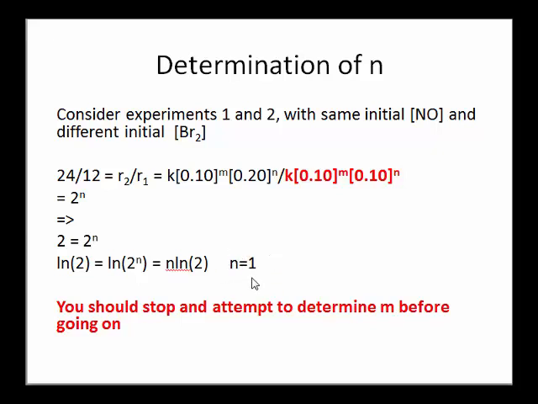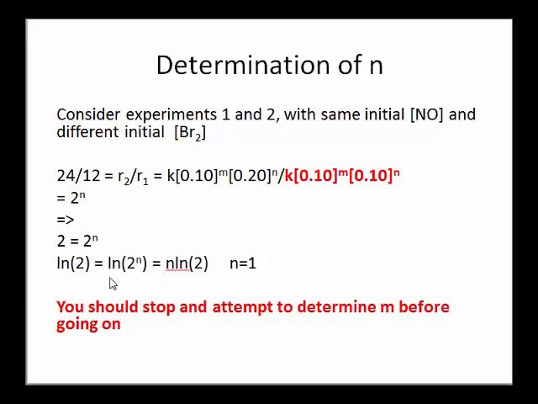Now, you may not need to go through this arithmetic process. If you see that doubling the concentration of a species doubles the rate, that implies that the reaction is first order.